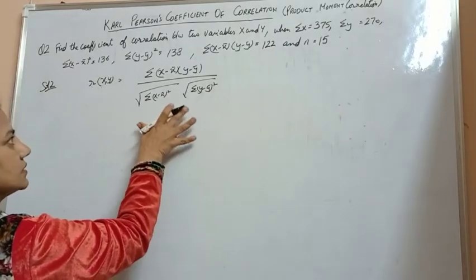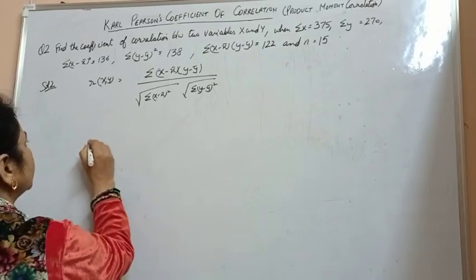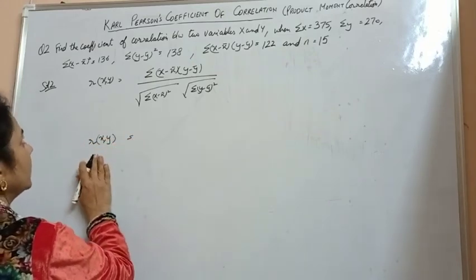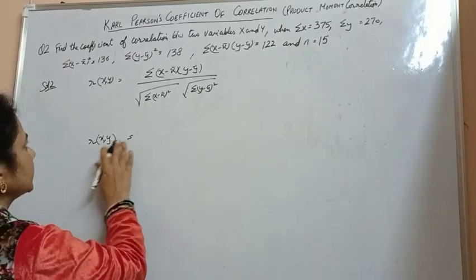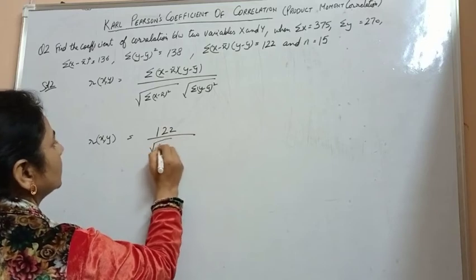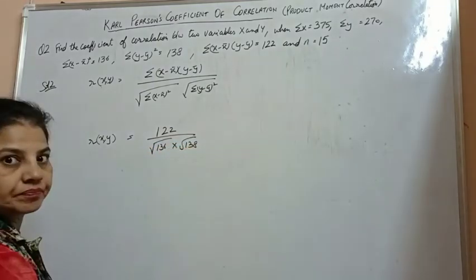So simply substitute the values, whatever information is given to us. The coefficient of correlation of x y is given as 122 divided by under root 136 multiplied by under root 138.